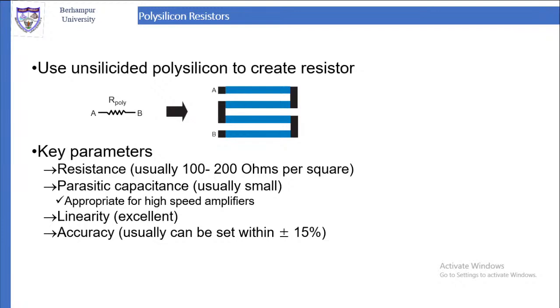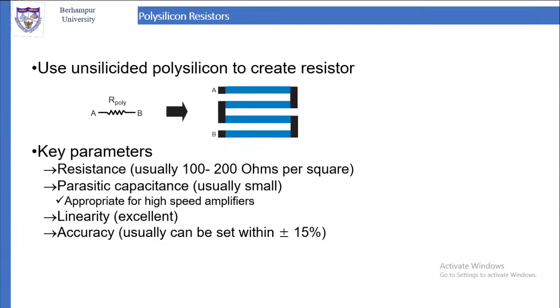That is the schematic. In practice, how do you lay it out? You take the point A to the point B, join a line which is metal one. So from A you move towards right, then go downward, then move towards left, go downward, move towards right, go downward, move towards left. What is the advantage of this way?